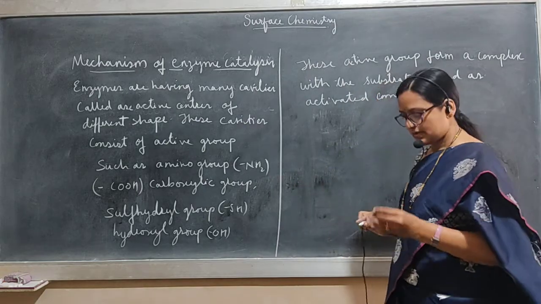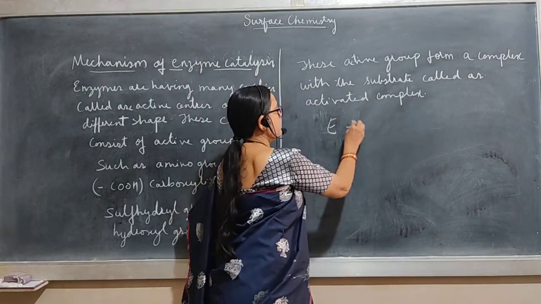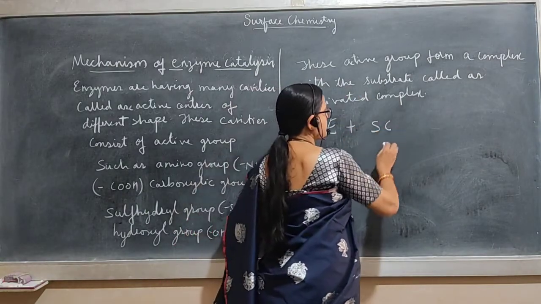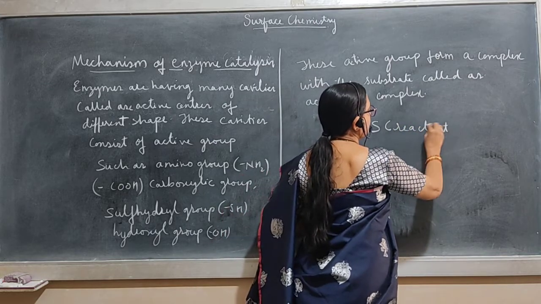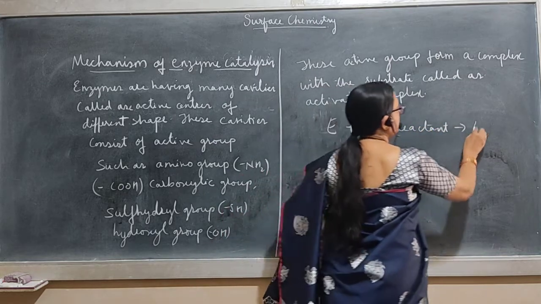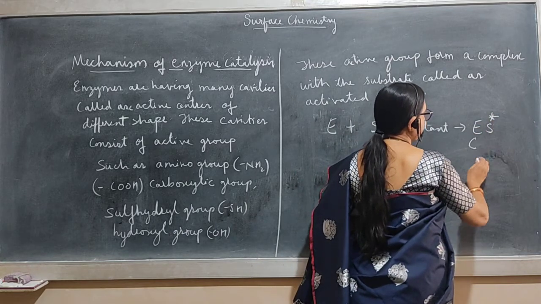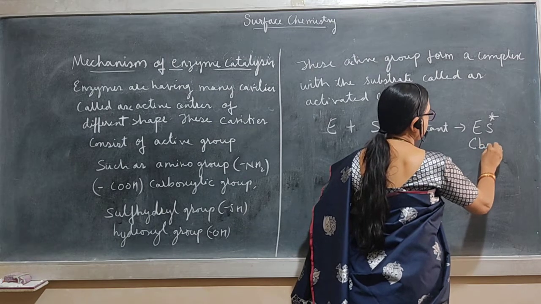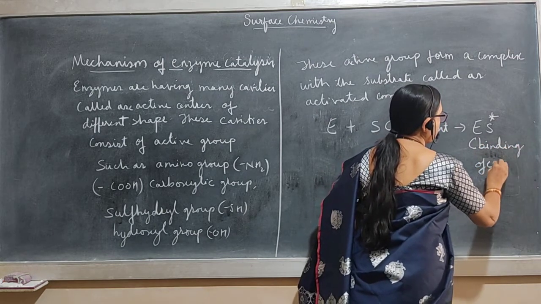Let us see how it works. It carries on in two steps. Enzyme combines with the substrate. This substrate is nothing but the reactant here, to form a complex. This complex is called the activated complex. So what happens here? Binding of the enzyme occurs.